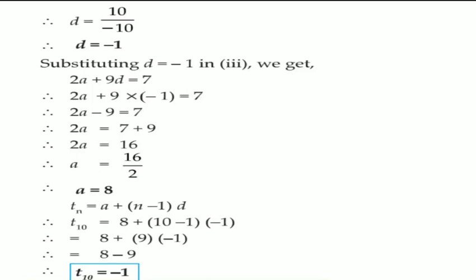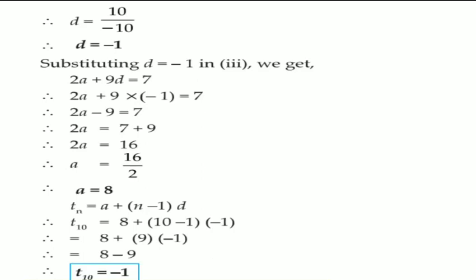So substitute in equation 3 or equation 4 and get the value of A. Now, when you know A and when you know D, you can find out the value of Tn. Once again, use the formula of Tn and find out the value of T10 by substituting A is equal to 8 and D is equal to -1.